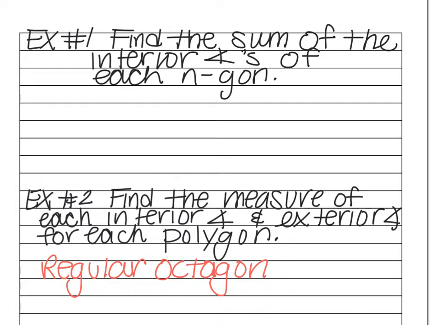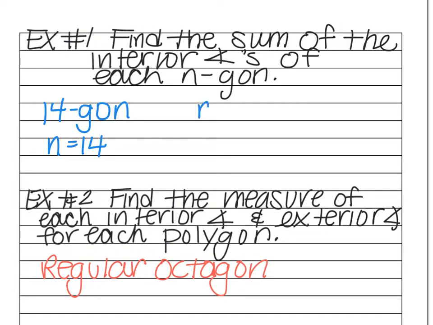Let's do an example. It says find the sum of the interior angles of each n-gon. So the first one I'm going to give you is a 14-gon. That means it has 14 sides, so n would equal 14. And we're going to plug it into my formula.